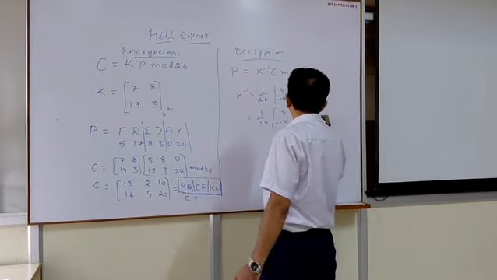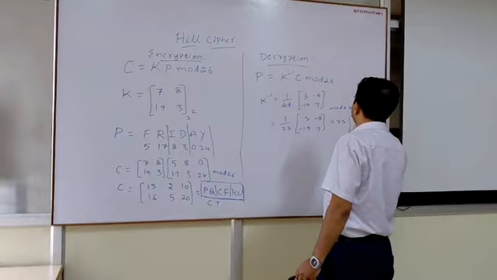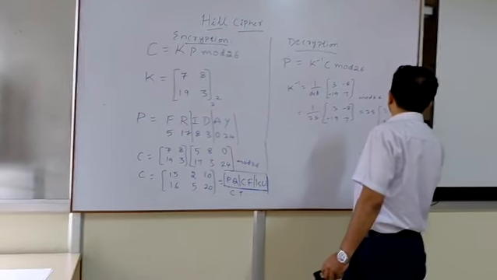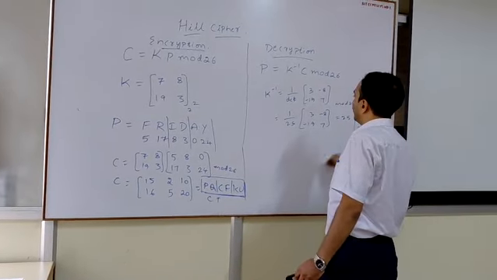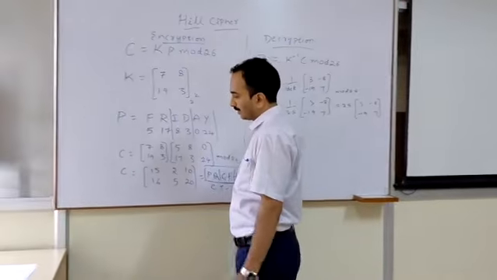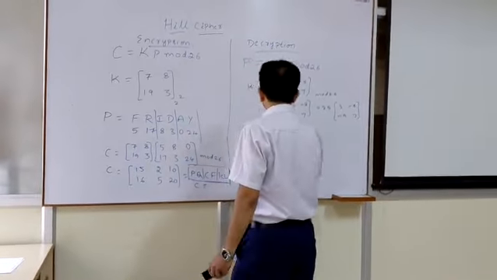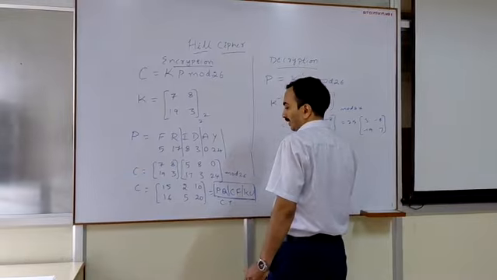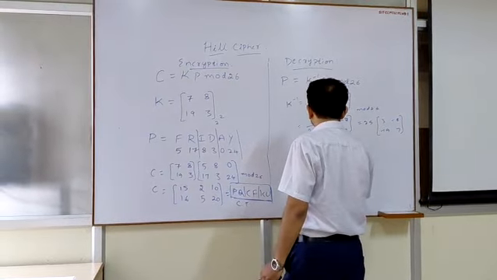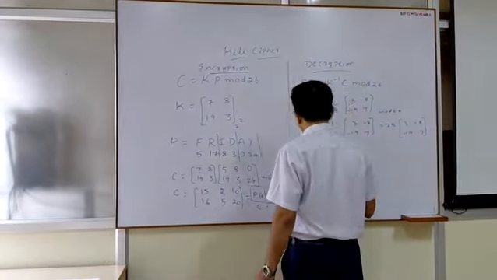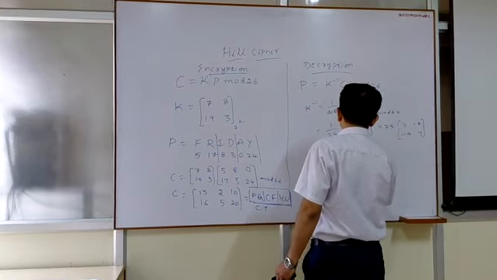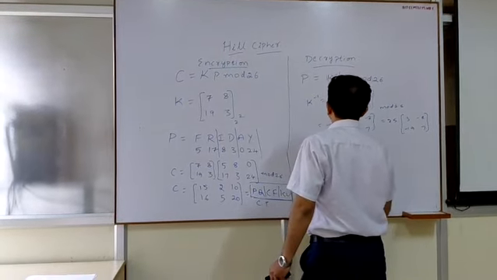If I operate 25 into the adjugate 3, minus 8, minus 19, 7, this simplifies to 23, 8, 19, 19. This is the simplified value of K inverse.